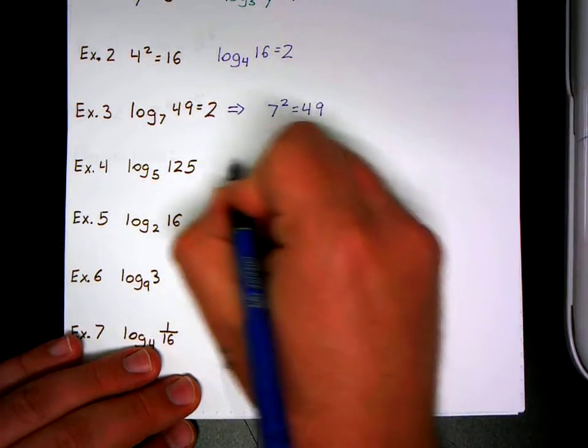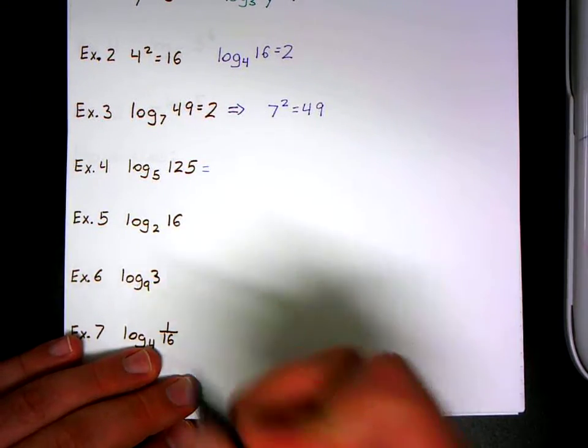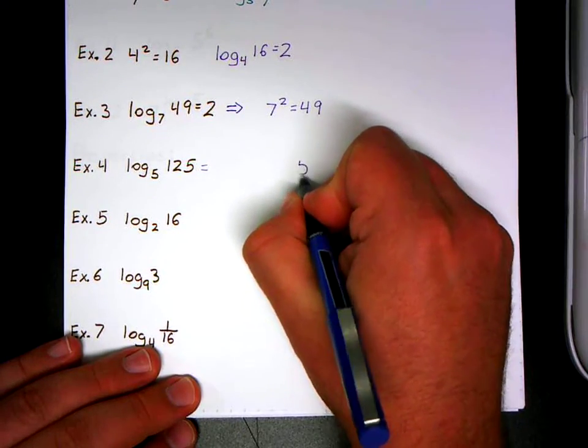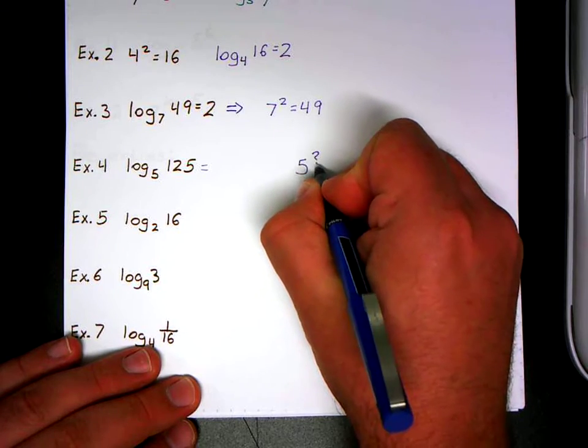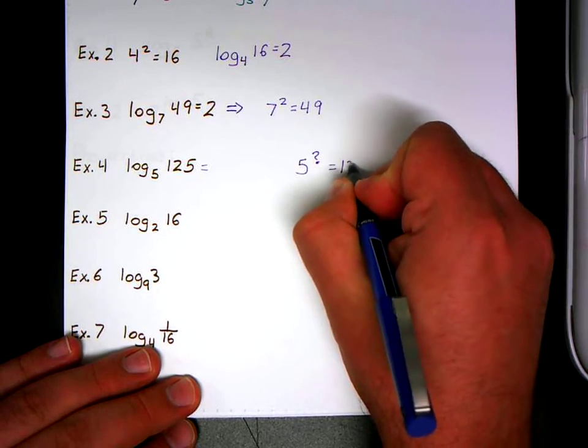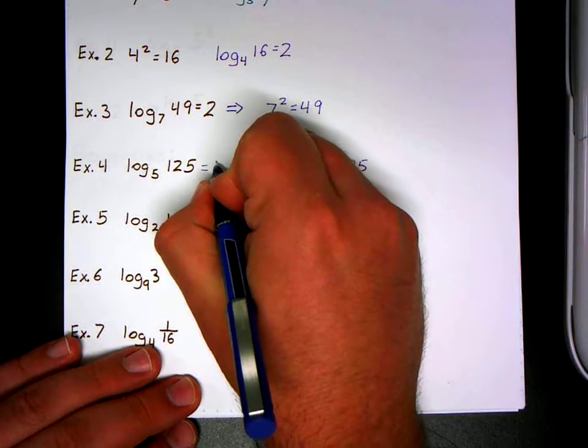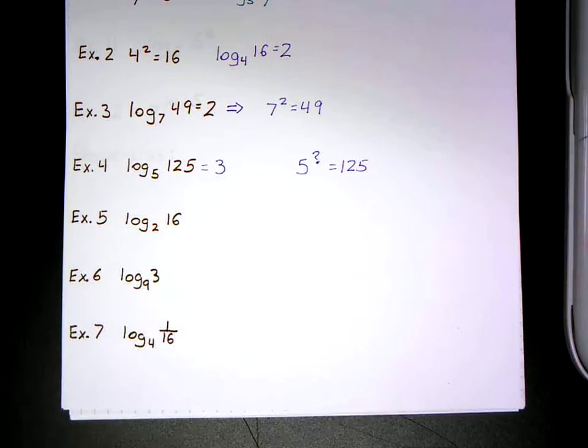Okay, so what we're doing here is trying to figure out what it equals. Again, this is asking for the exponent. So what it's asking for is 5 to the what power equals 125. What is it? 3. So every time you go to solve a logarithm, that's what you're asking yourself.